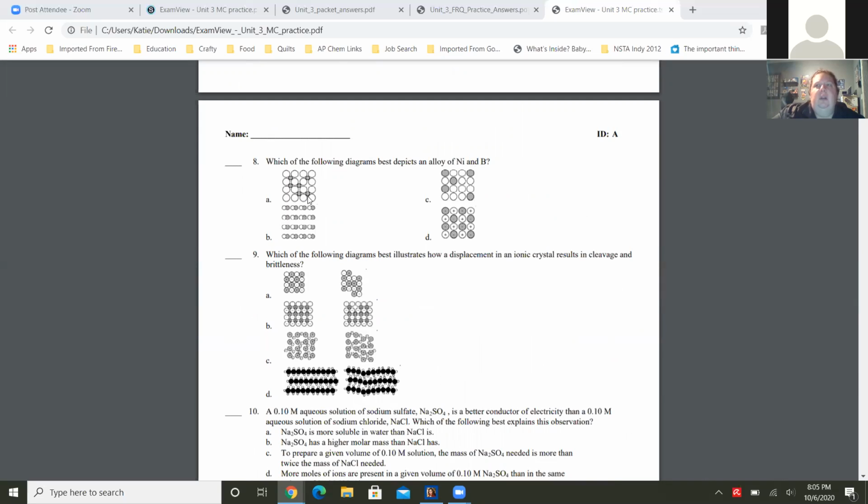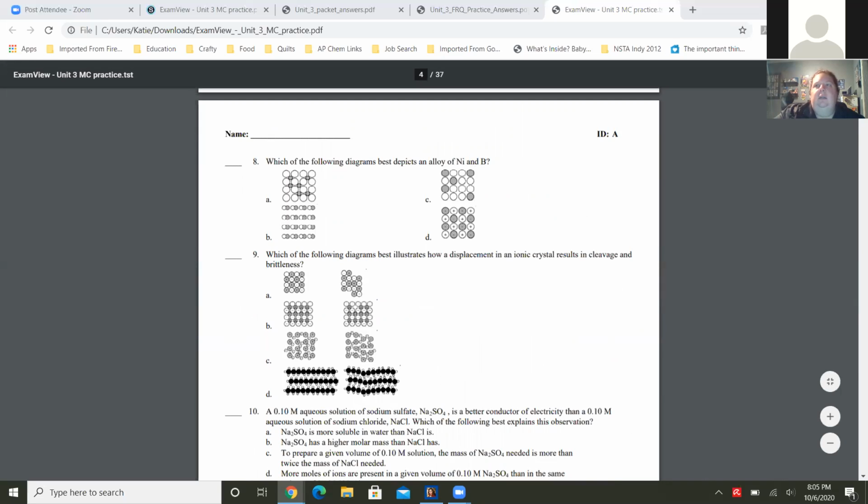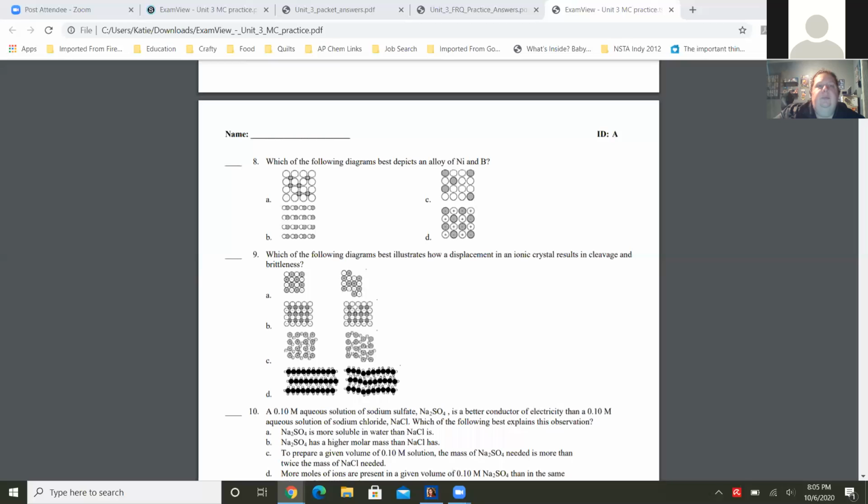If those smaller atoms are stuck in there, it's going to make it harder to get the other atoms to slide against each other, because it's going to jam up the works. It's going to get in the way and they're not going to slide against each other as easily. So that would actually make it harder.